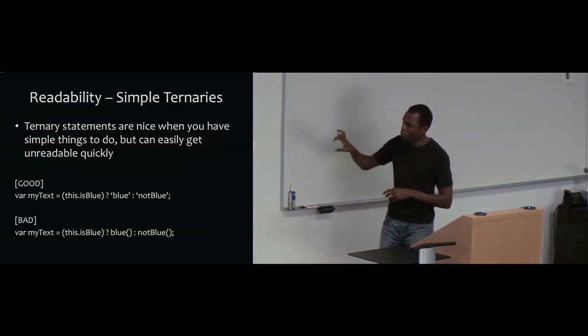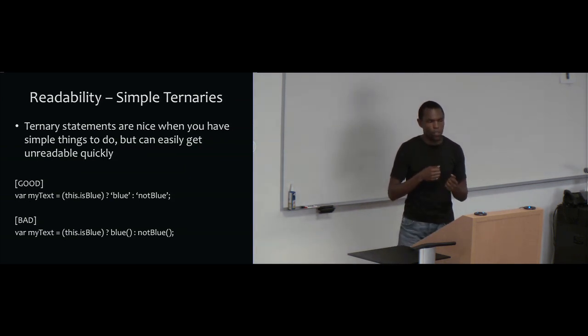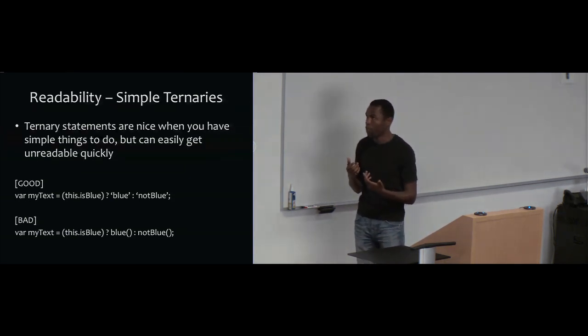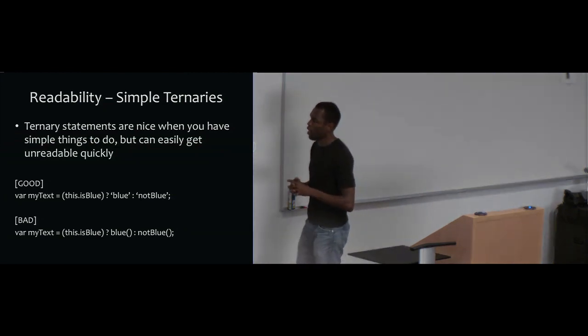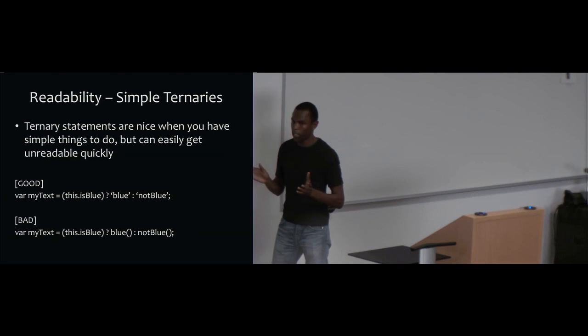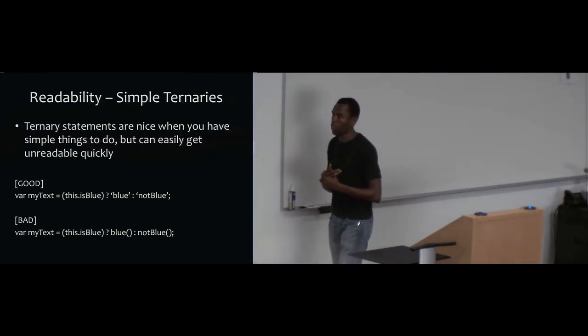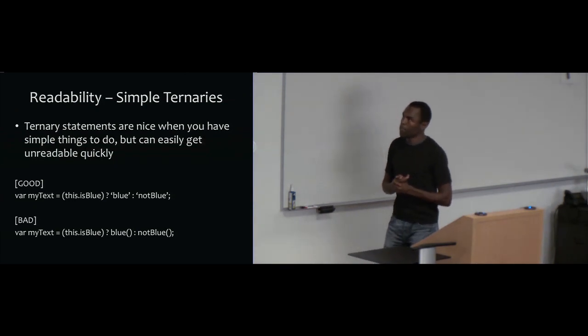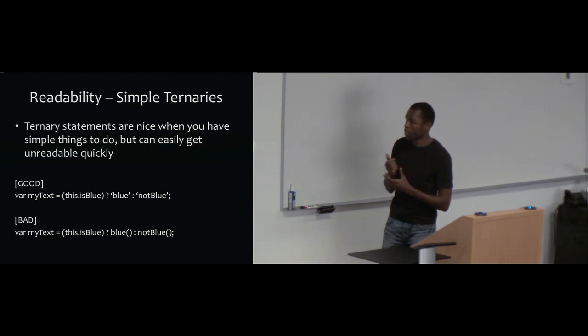And the rule of thumb that I've seen is that if you're changing function execution or the execution path, ternary is not a good way to go. But if you're just, say, setting a variable or a property that ends up setting a variable, using the ternary is a good idea.